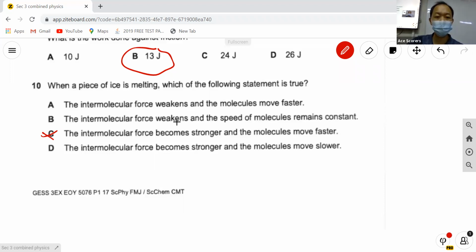Let's look at the rest. Intermolecular and the speed remains constant. The piece of ice is melting. The intermolecular force becomes stronger. Okay, it cannot be this. Weaken is correct. But do the molecules move faster? Then speed of molecule remains constant.